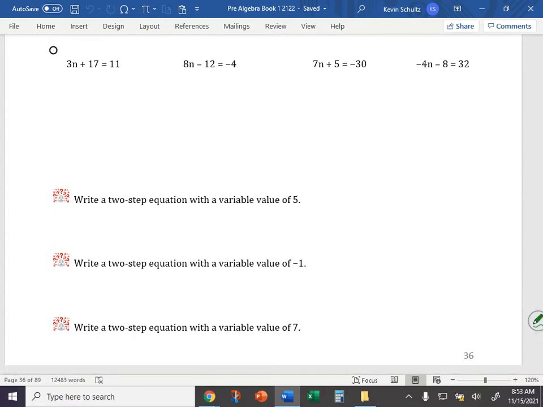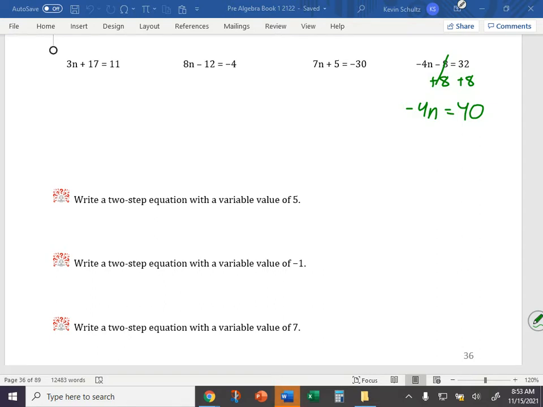Wyatt, go ahead. Add 8. Adding 8. -8, the opposite of that is adding 8. Okay? On the left side, it's going to cancel it out. And 32 plus 8 on the right side is 40.